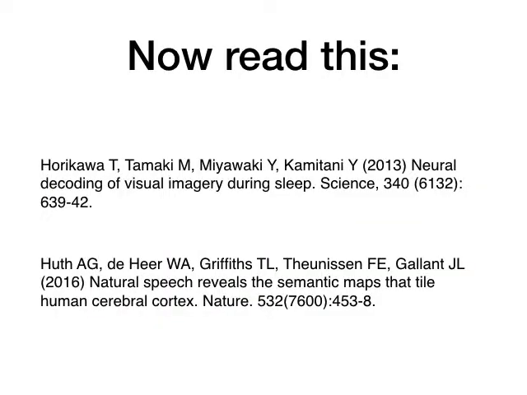This paper analyzes the responses of the brain during dreams and identifies what people are dreaming about by looking at their brain activity, which I just think is super interesting. It's a little bit off topic, but it kind of shows this idea that feedback, or even in the absence of a visual stimulus, you see activity in dreams that looks a lot like activity during visual perception.